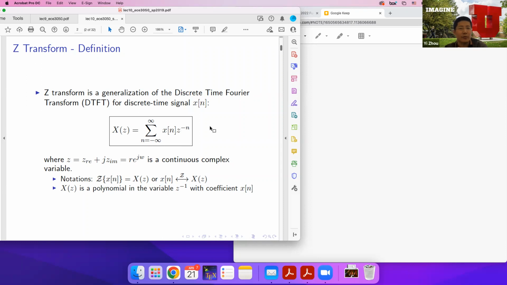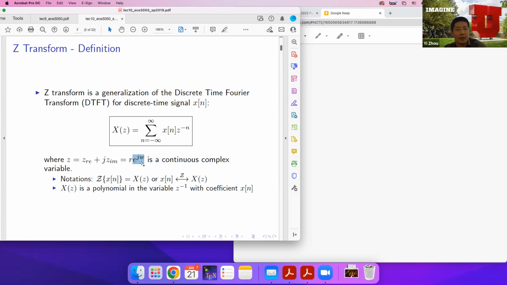Now in the discrete time Fourier transform, we set z to be e to the power of j omega, a very standard basic complex exponential. So that is the discrete time Fourier transform.